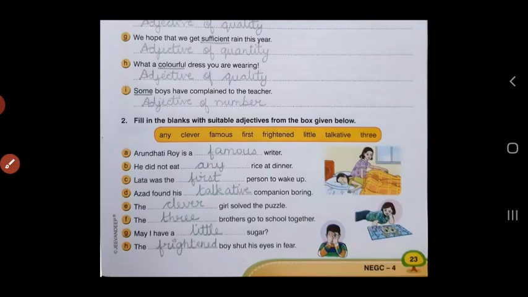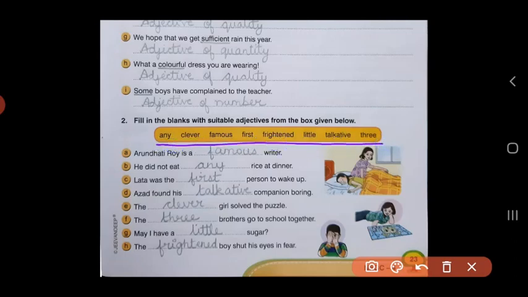Now let's go to question number 2. Fill in the blanks with suitable adjectives from the box given below. So in this box that is given, these are the adjectives: any, clever, famous, first, frightened, little, talkative, 3.